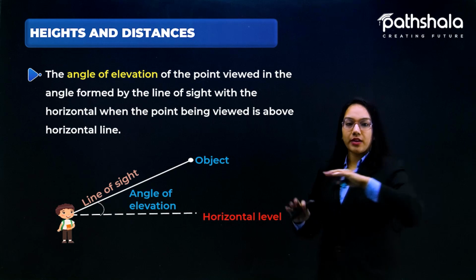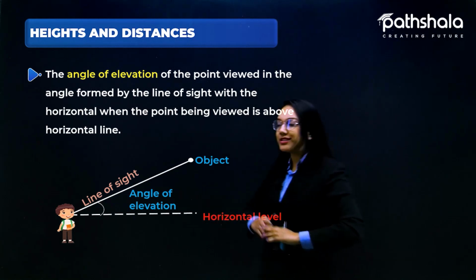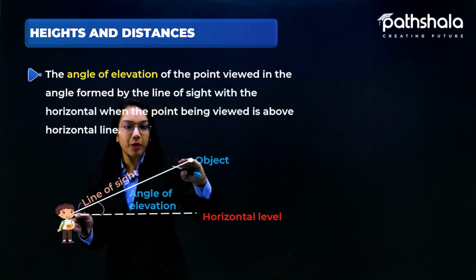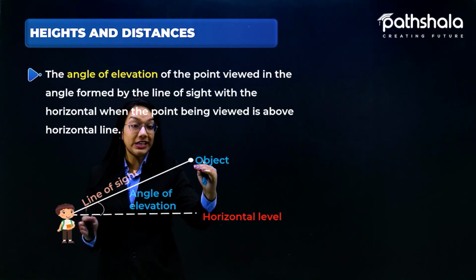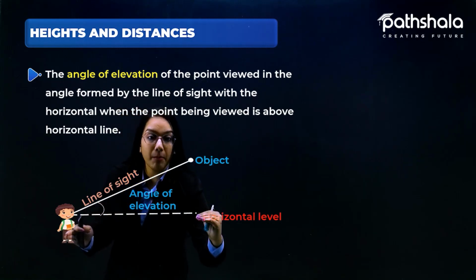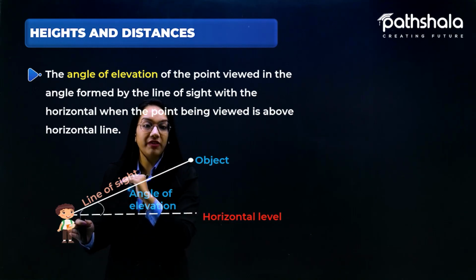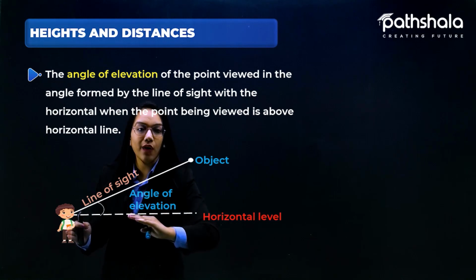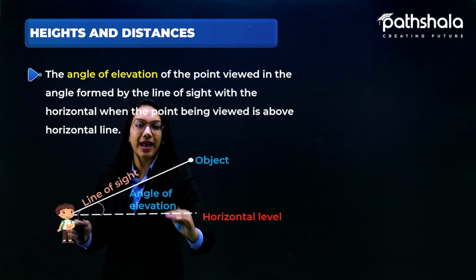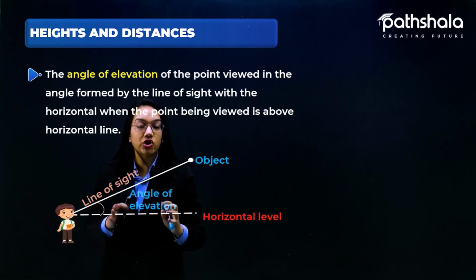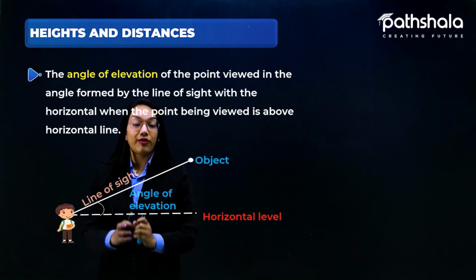What does it mean? Let us suppose this is the student, and he is viewing this particular object over here. As you can see, this object is above the horizontal level. Then the angle formed between the line of sight and the horizontal level is called the angle of elevation. So this is the whole figure related to the angle of elevation.